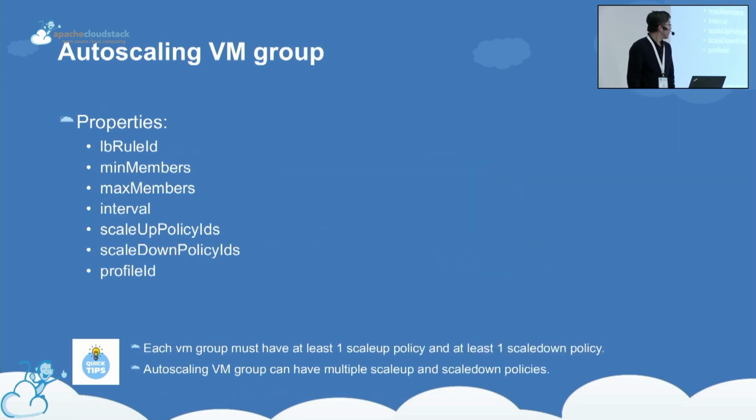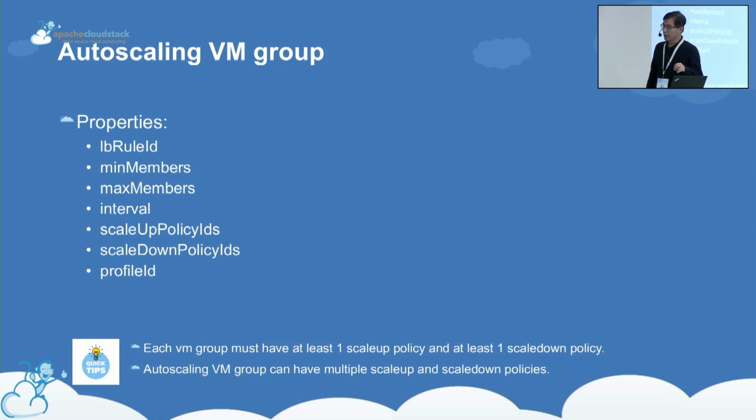AutoScaling VM group. The first one is load balancer rule ID. And each group has a minimum number of VMs and maximum VMs. And the interval means CloudStack gets the traffic periodically, depends on what you set as the interval. And the scale-up policy IDs is the list of the IDs of scale-up policies, and scale-down policy IDs is the IDs of scale-down policies.